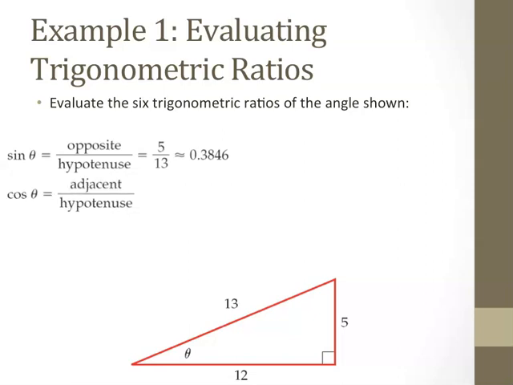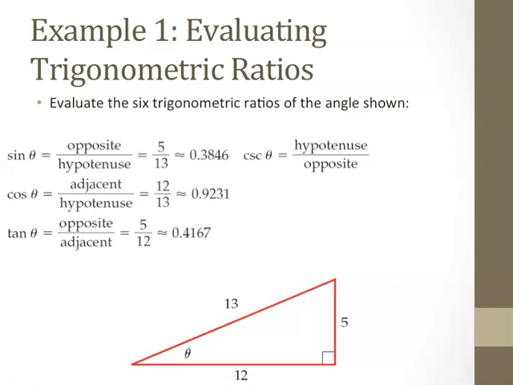Okay, cosine of theta is adjacent over hypotenuse, so that's 12 over 13, which comes out to be about 0.9231. And tangent of theta is equal to the opposite over the adjacent, so that's 5 over 12, which comes out to be about 0.4167. Now it's said to evaluate all 6 trig ratios, so we're going to have to do cosecant, secant, and cotangent.